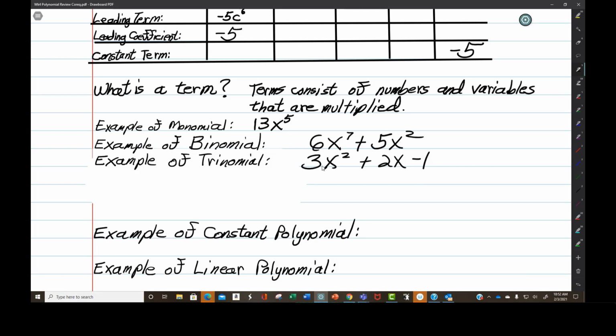There are 3 terms there: 1, 2, 3. What are the 3 terms? You've got 3x squared, you've got 2x, and you've got negative 1, because plus signs separate the terms.